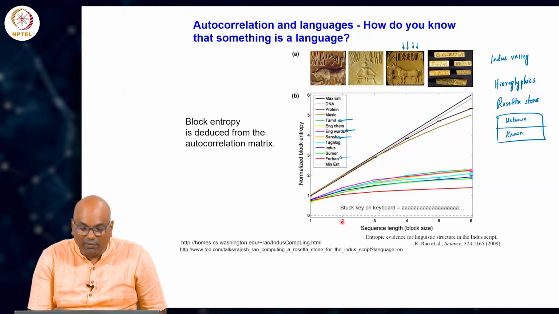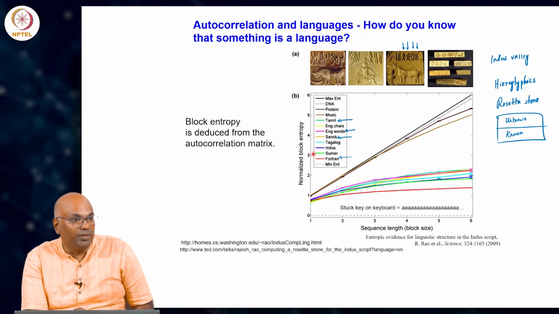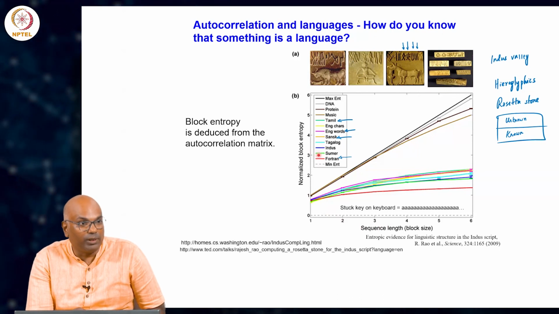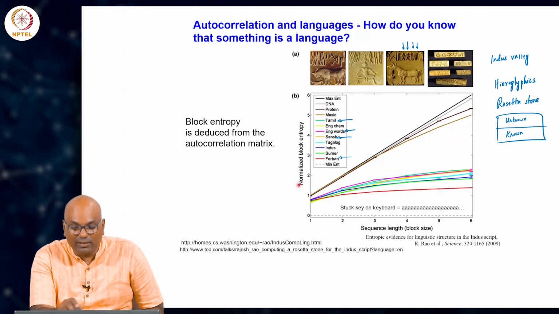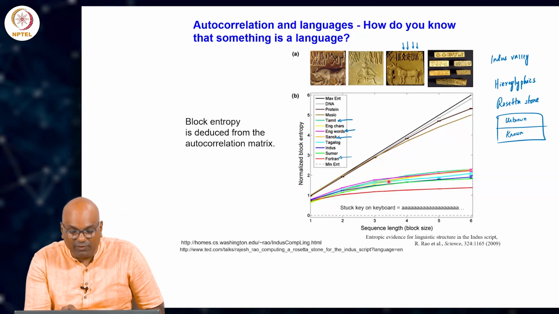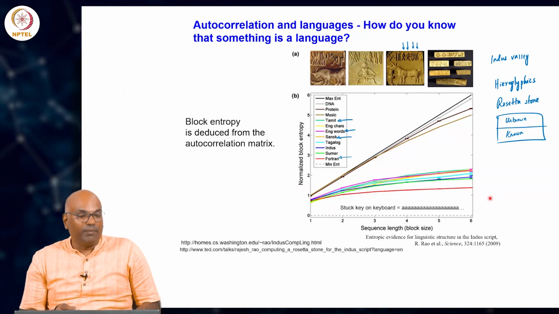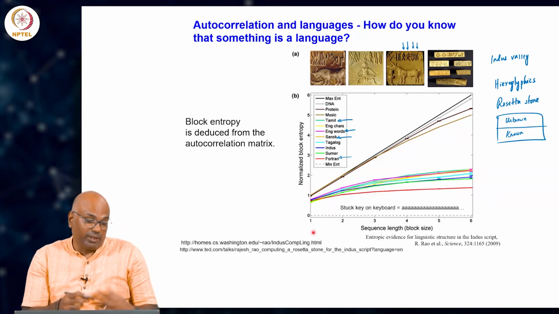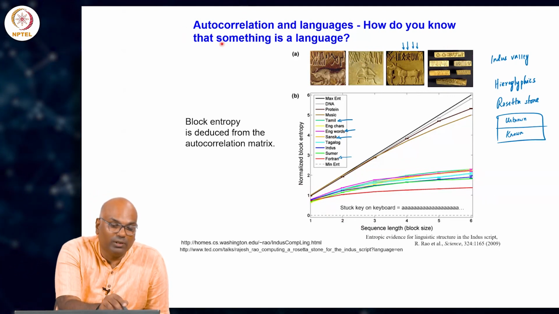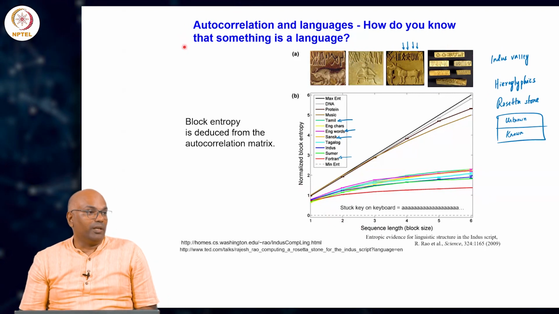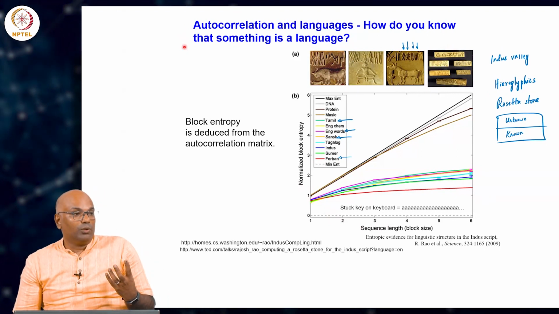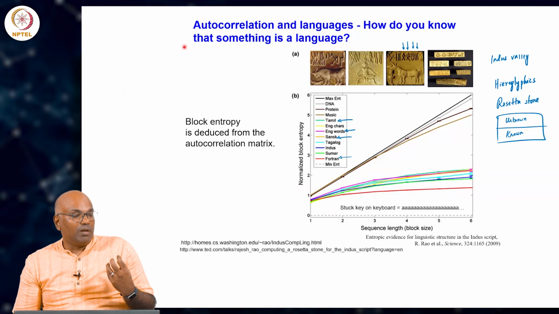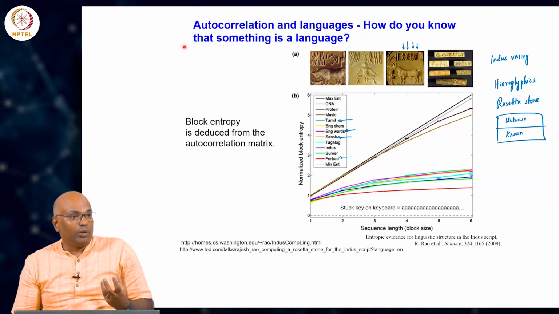Now, the discovery of this work is that without any prejudice, when you carried out this exercise, the Indus tablets' entropy fell within the range of normal languages, and they figured out that this constitutes a language. To me this is a beautiful example of a kind of autocorrelation technique. You squeeze out a measure from whatever orders of autocorrelation.